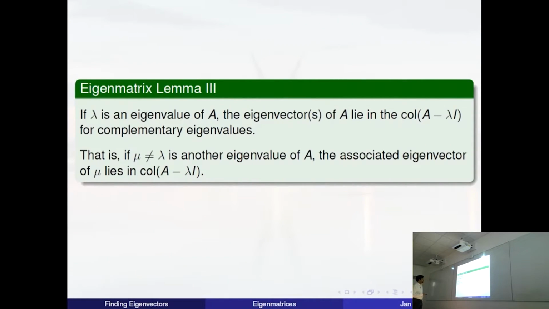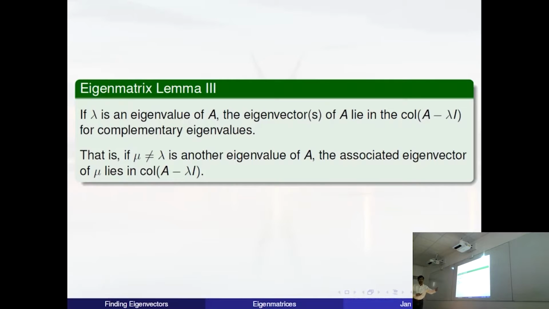And then we have the eigenmatrix lemma. That's the general case. So what's the general case? Eigenmatrix lemma: if lambda is an eigenvalue of A, the eigenvectors of A lie in the column space for the complementary eigenvalue.